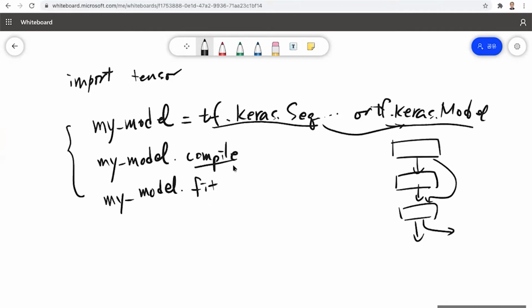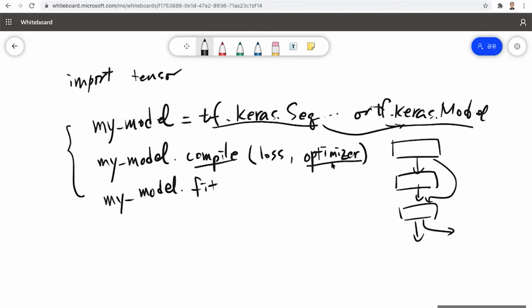In compile, you should give at least 2 pieces of information. The first one is, what is your loss function? And the second one is, what is your optimizer? These two are the essential information you need to provide to the model.